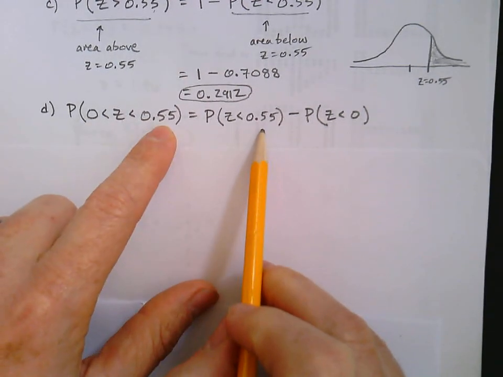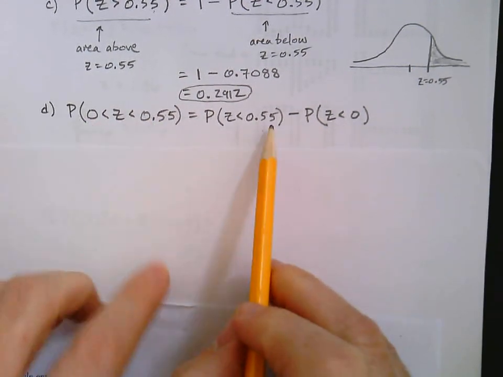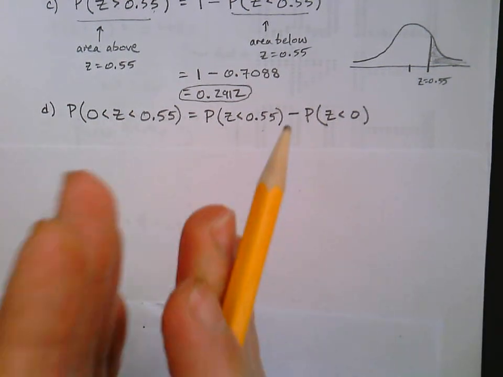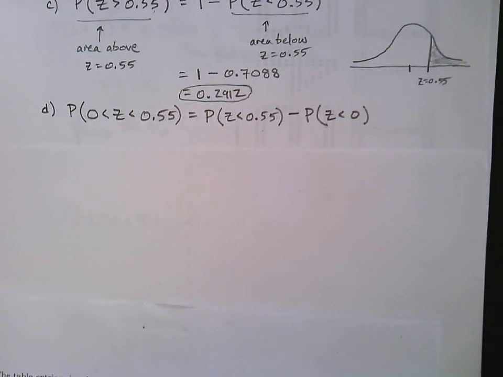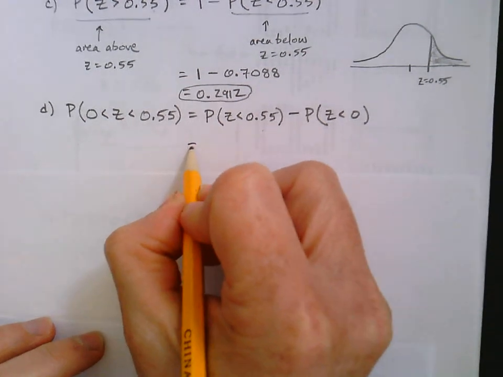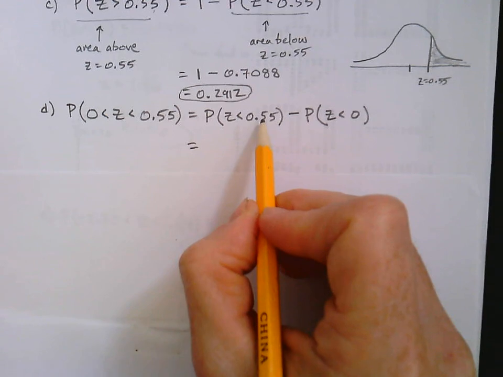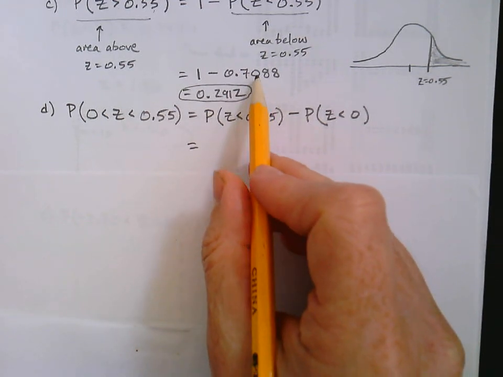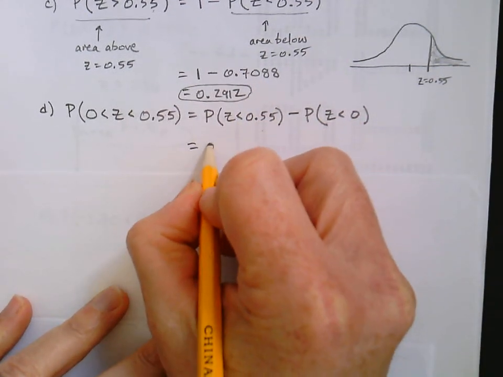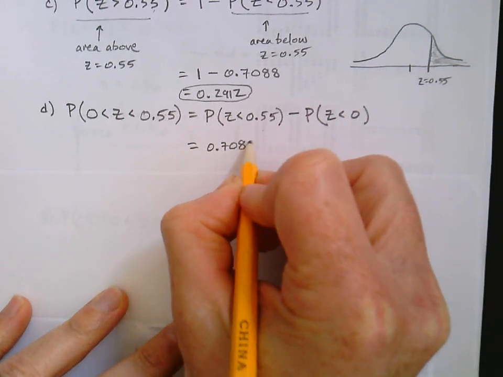Start with the bigger one, subtract the smaller one. That tells me just the area that's stuck in between those values. Turns out I used this number intentionally because we had just looked it up a moment ago. That is 0.7088.